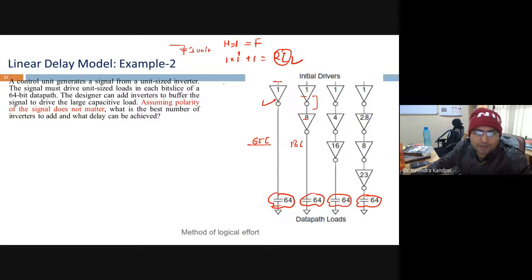While with two stages, H is still 1 and F is 1. Again, you would get 2 stages, 2 into F to the power 1 by n, that is 1 plus 2 tau, that is 4. Are you getting my point?